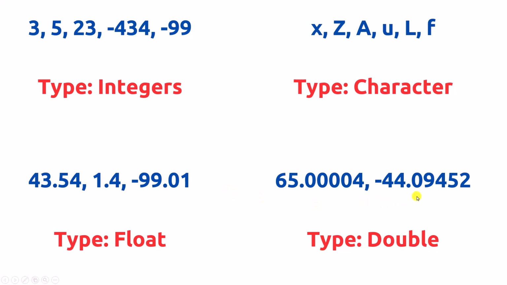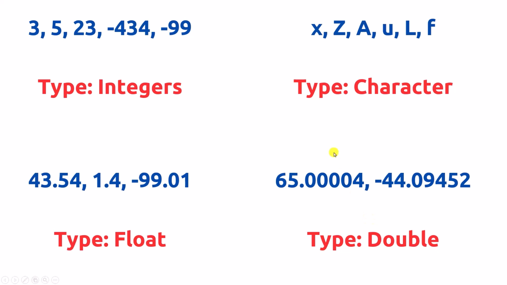Whereas in double we can have up to 15 decimal values. So this could have been 65.0000000000000004. If that was the case, this would have been a double data type. So generally, while programming, we use double data type because it is accurate.